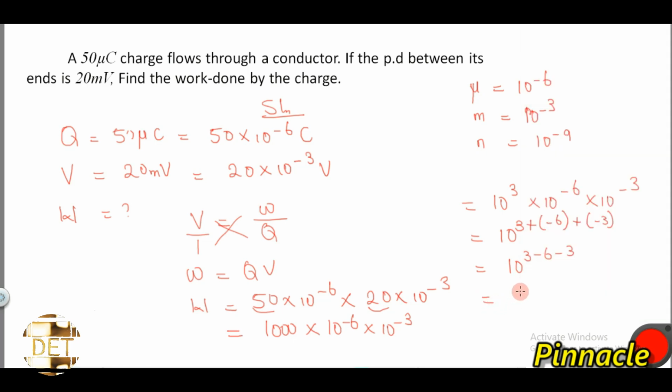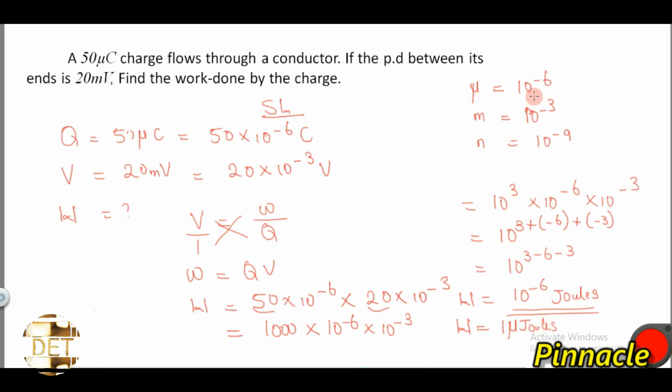So this will be 10 raised to the power of what? Minus 6 joules. This is my answer. Because work done is measured in what? In joules. So my work done can also be equal to 1 microjoule.